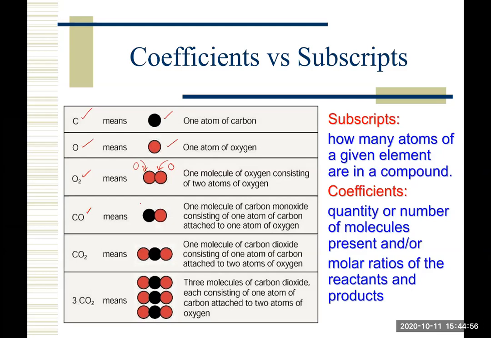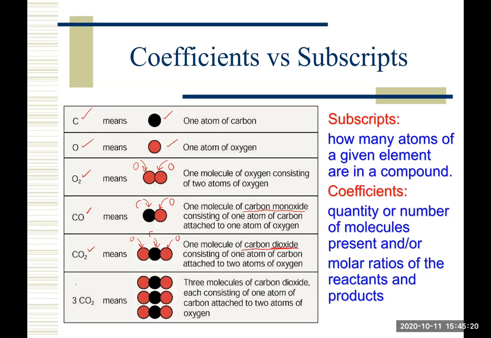CO means that we have one carbon atom and one oxygen atom in a molecule of carbon monoxide. CO2 tells us that we have one carbon and two oxygens, and we have a molecule of carbon dioxide.